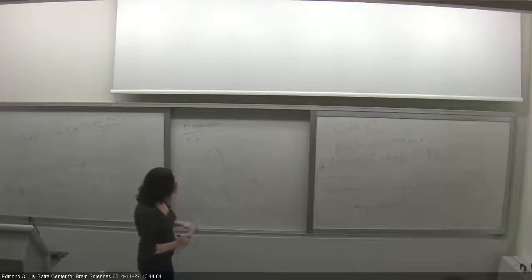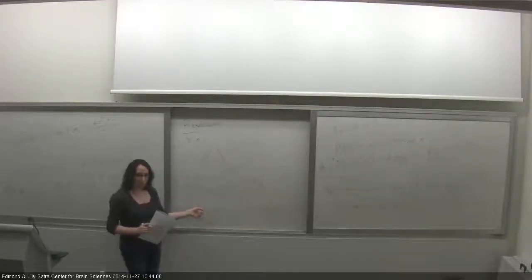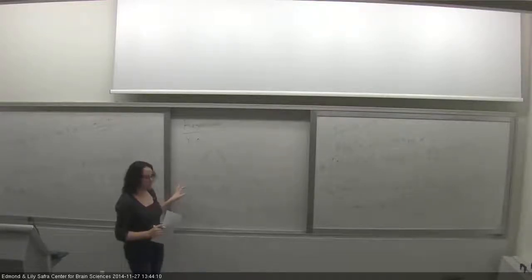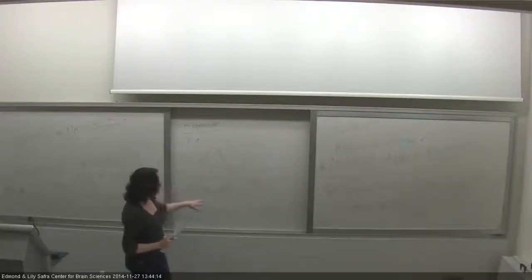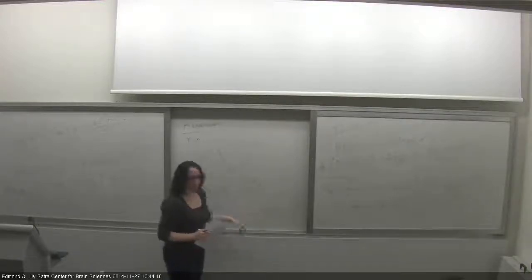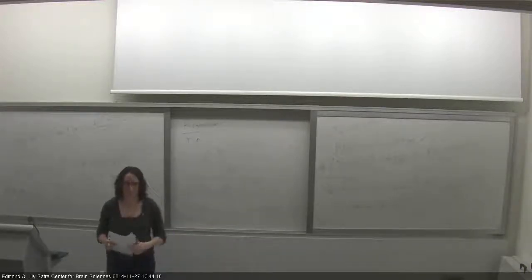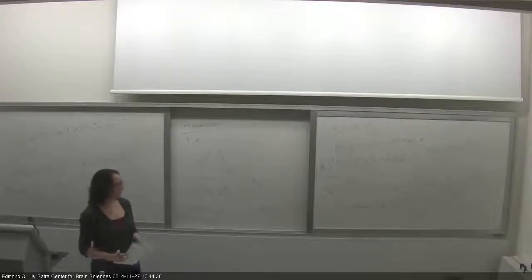Okay, so to solve this for a general function g that could be nonlinear, that could be computationally hard. Next week we'll see how we can solve this for a particular model that we assume. Okay? That's it, I think.